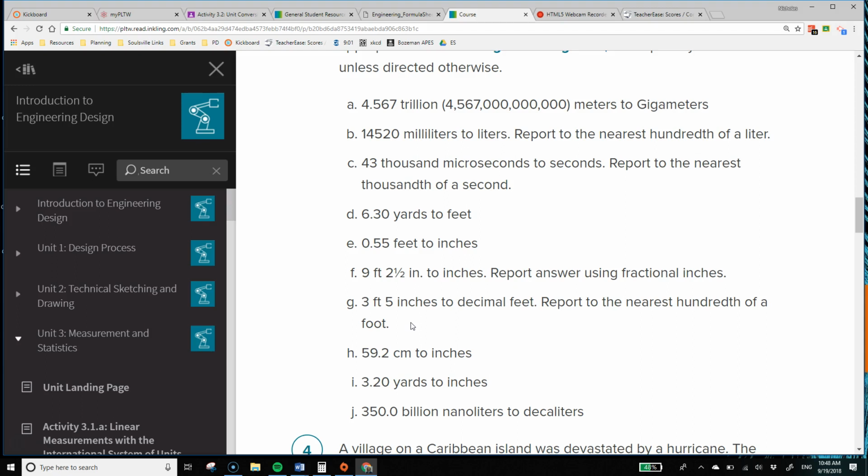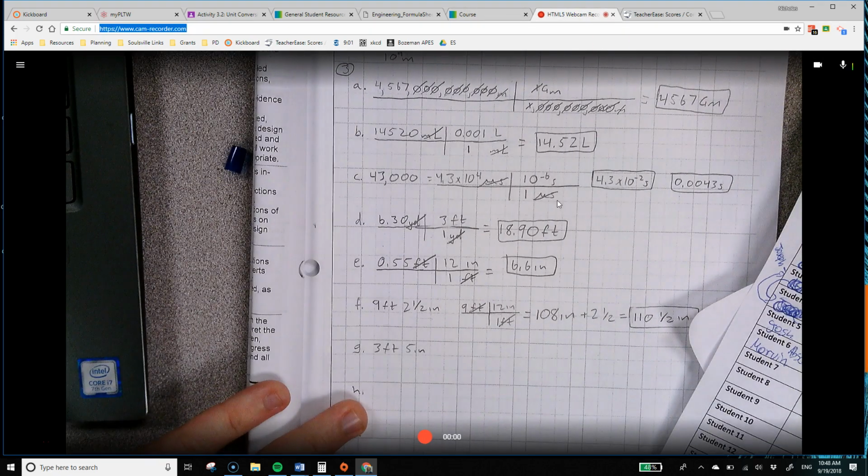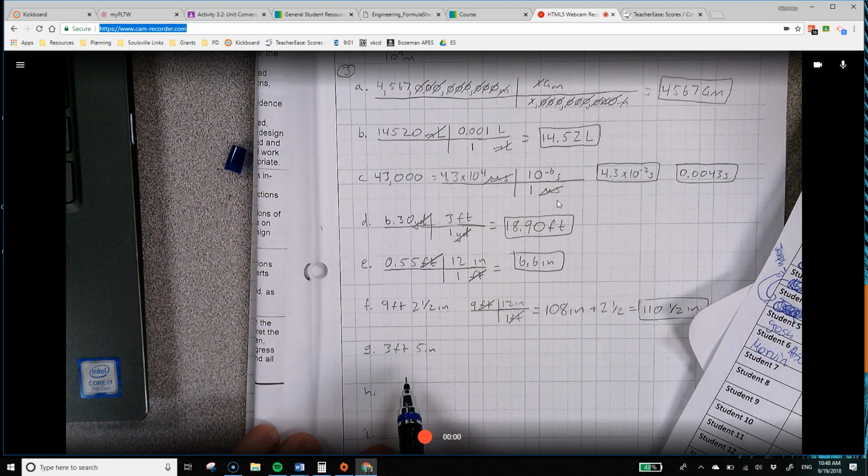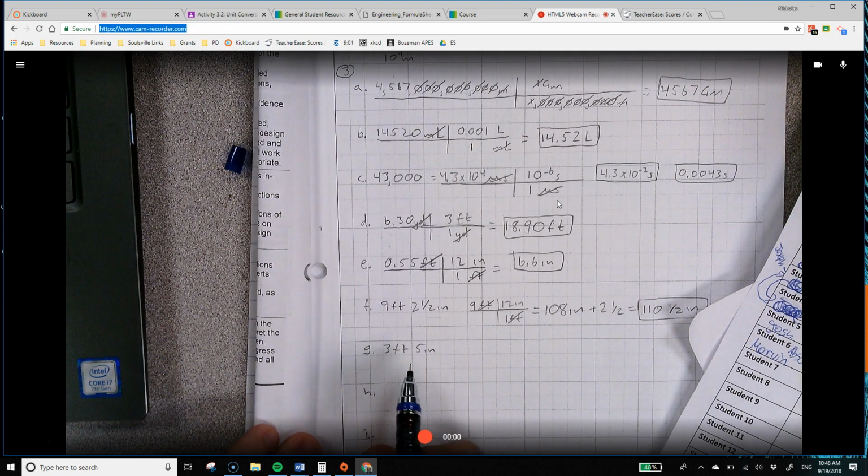Let me just put this down here. All right, and I want to go to decimal feet. The only tricky part of these is figuring out what to convert. So do I need to convert 3 feet to feet? No, it's already in feet. What do I need to convert to feet?